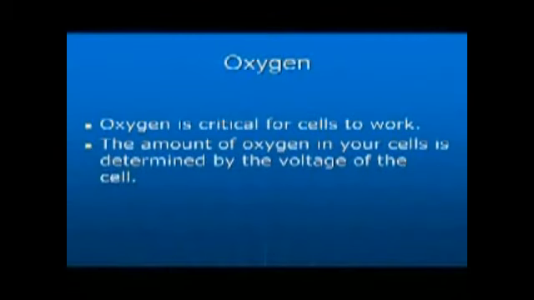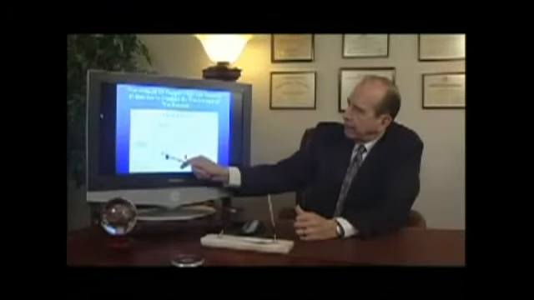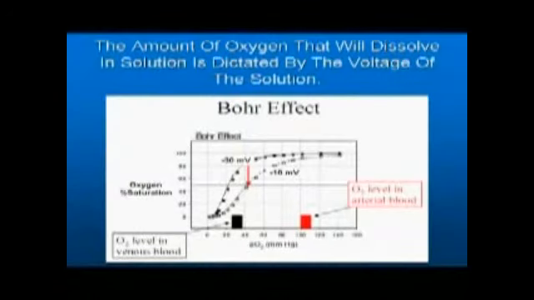We also need oxygen to make our system work, and the amount of oxygen that can be in a cell is dictated by the amount of voltage of the cell. This is called Bohr's law, or Bohr effect. Here you can see in this graph the amount of oxygen that can get into the cell if your voltage is at minus 30 millivolts is this much. If it drops to minus 10 millivolts, you get in much less.